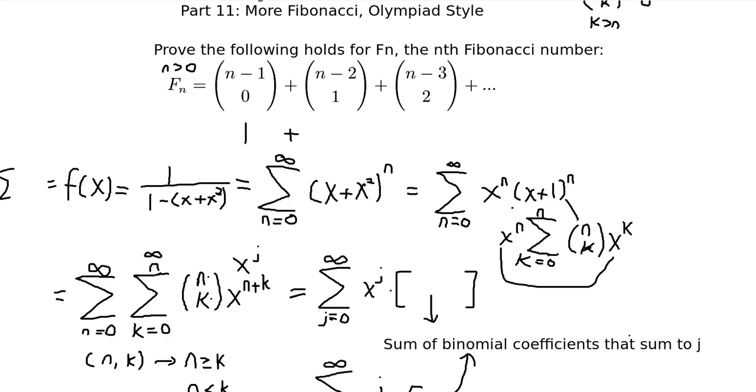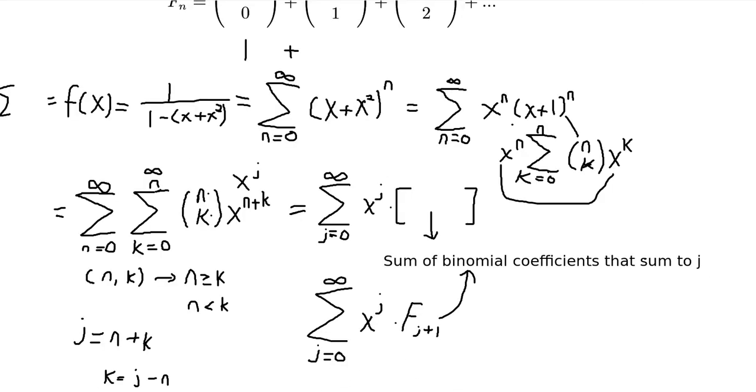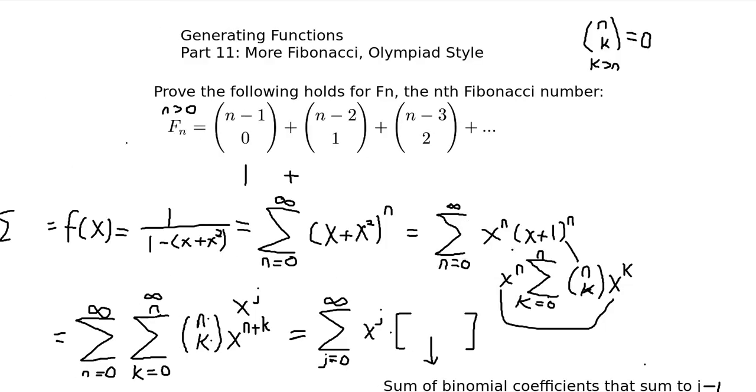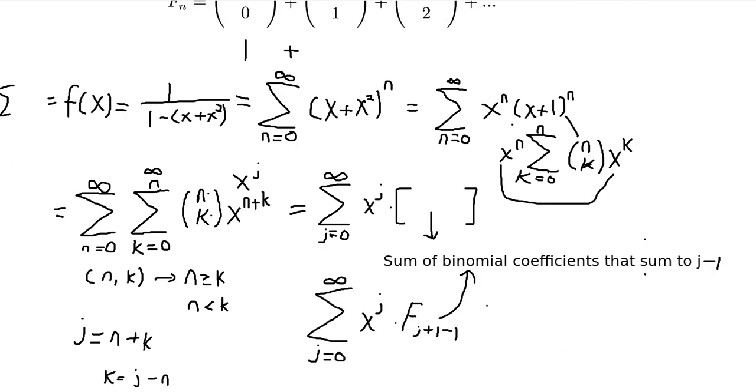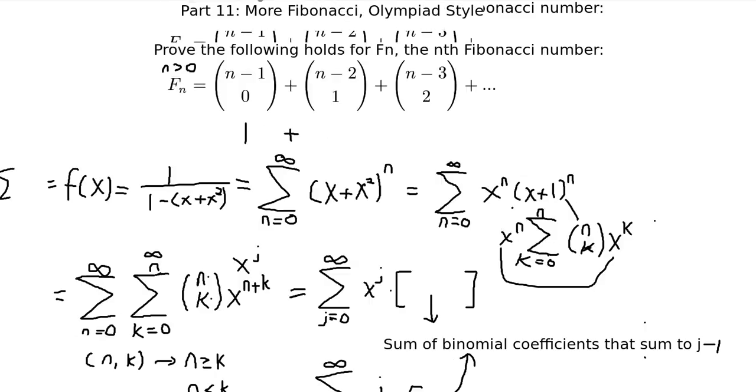or, I guess I didn't word this properly, whose two components sum to j. So if we subtract 1 from each side, then our general statement is that the nth Fibonacci number, f sub n, is the sum of all binomial coefficients that have indices that sum to n minus 1.